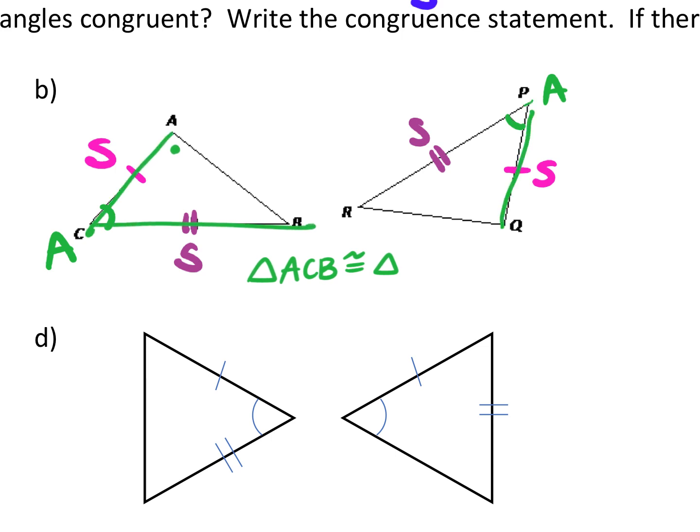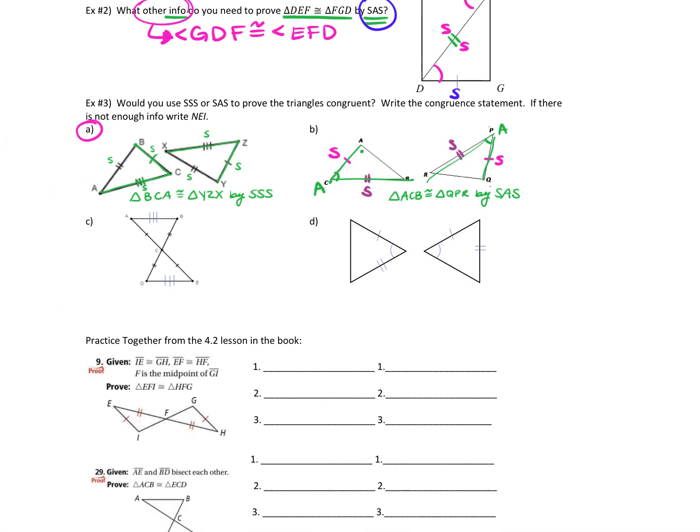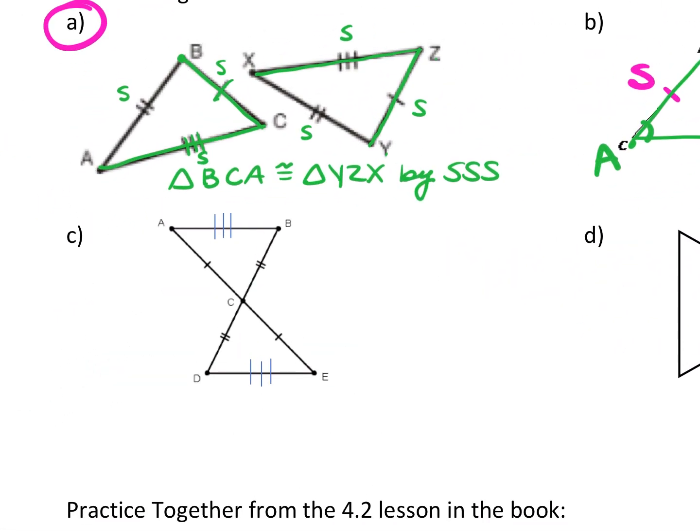So through the single to the double would be QPR. Okay? By side, angle, side. So that's your congruent statement. When it asks you for a congruent statement, it's which triangles are congruent by which postulate. Okay? Take a look at this one.